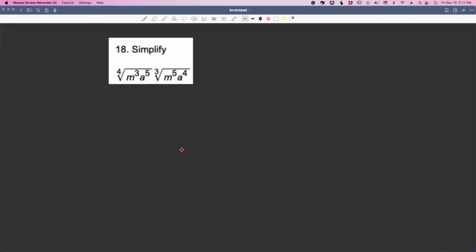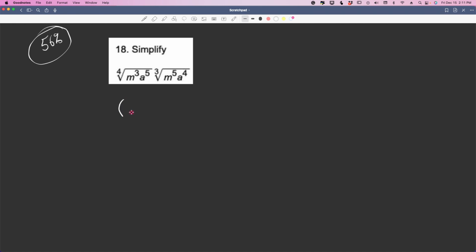All right, so this problem was another 56%er. 56% of you, over half of you got it right. So here's the way we would write these problems. Remember, when we convert them to an exponent, when we simplify them, we're going to put parentheses in place of the radical sign, and the index becomes the denominator.